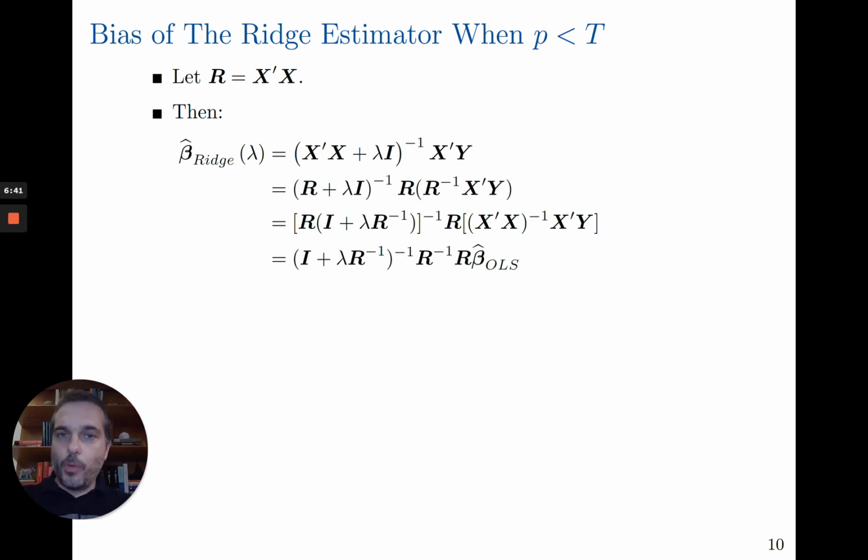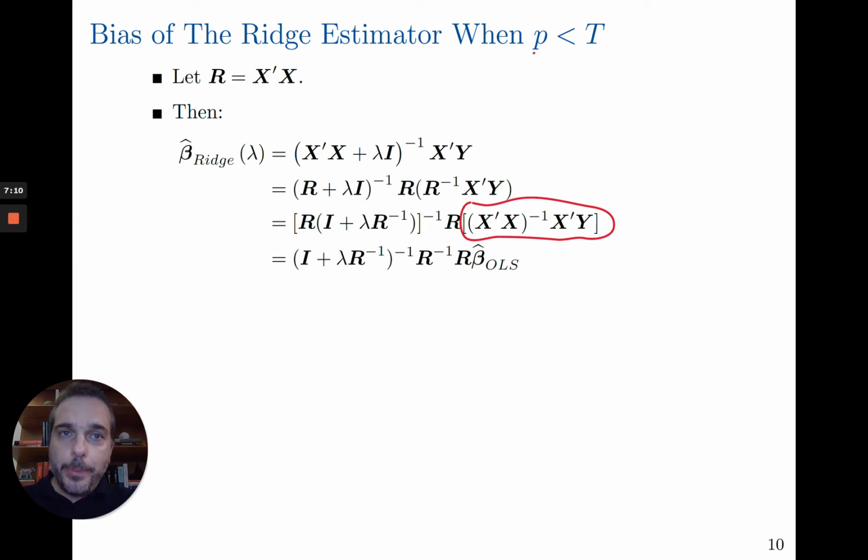Now, what we have, okay, but then I can take it out here. So I can leave (identity plus lambda R minus 1), and this can come out of the inverse, and then we have the inverse of R, but what is this quantity here?